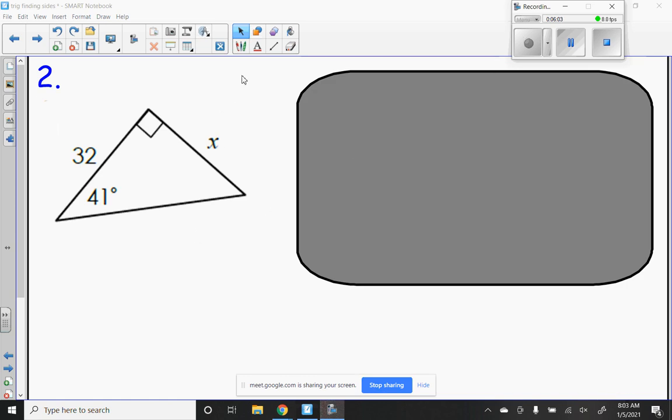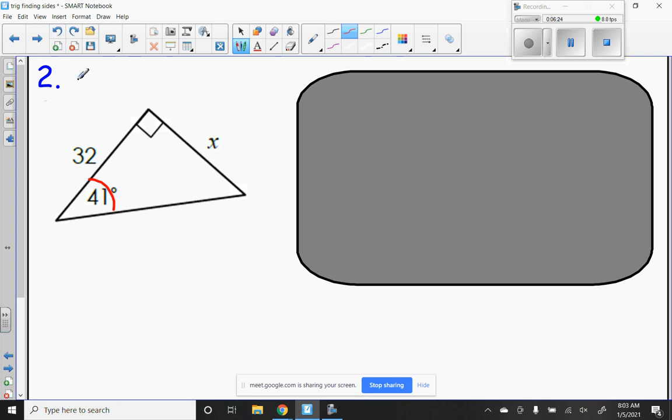All right, number 2, start the process. I always put a little arc in this angle just so I know that I'm working with that angle. If you look at the pieces that are given, notice the hypo is blank. So I'm not using a hypo.